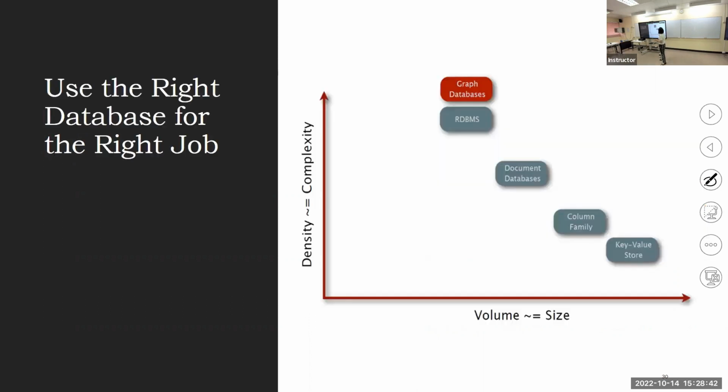Okay, but still, graph has, of course, some pros and cons. When the data itself is so big or small and the relationship size is so big or small, this is the thing you may need to trade off very well.